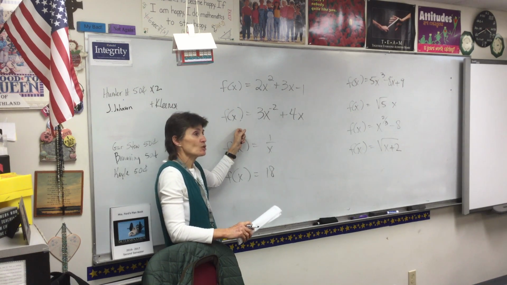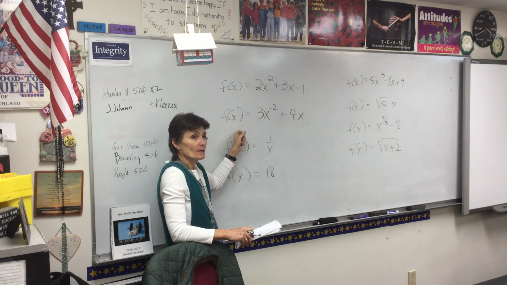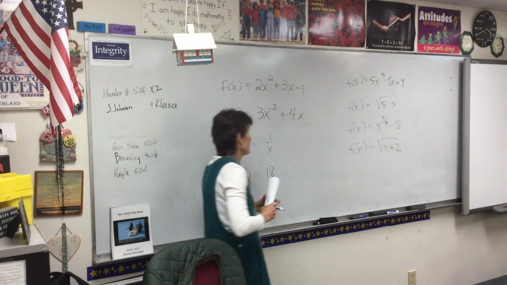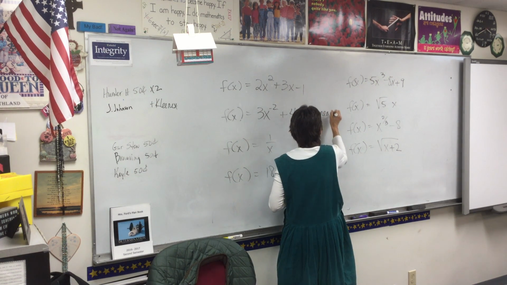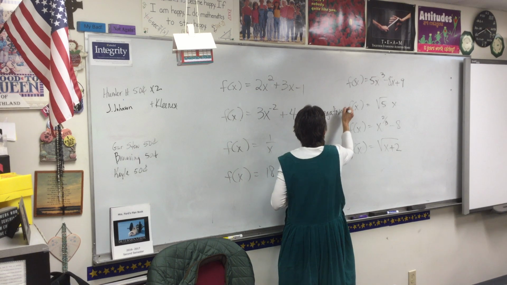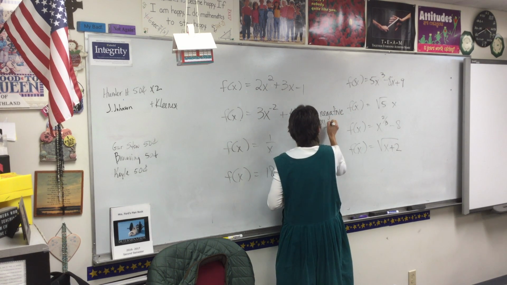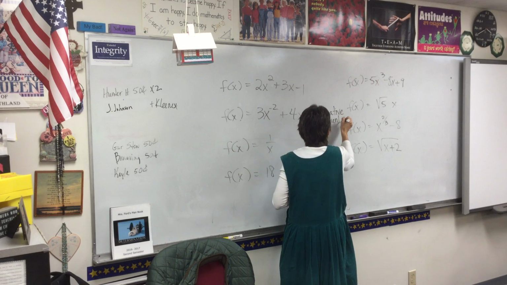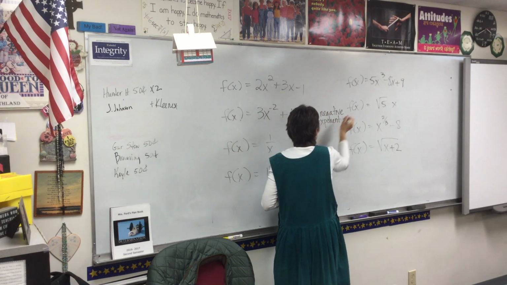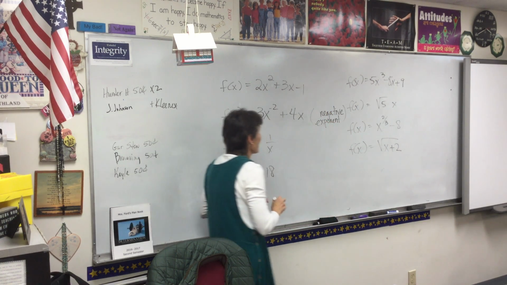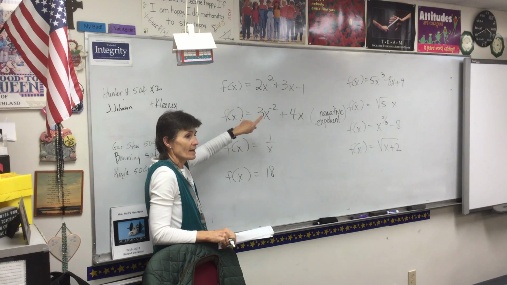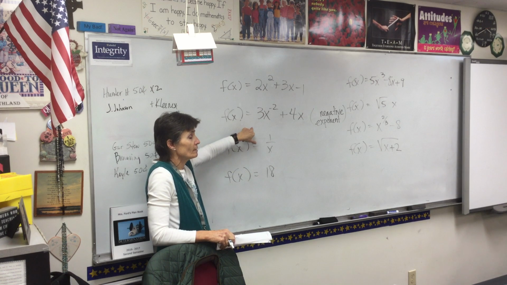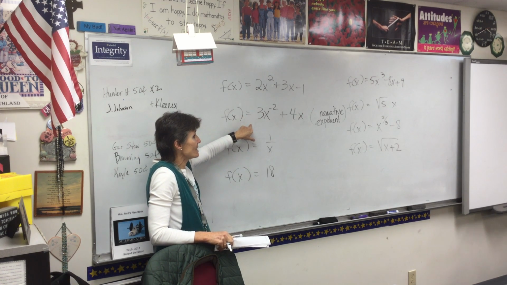That's okay, you can live without it. It has a negative exponent. You are not allowed to have negative exponents. So this one is not a polynomial function because it has a negative exponent.